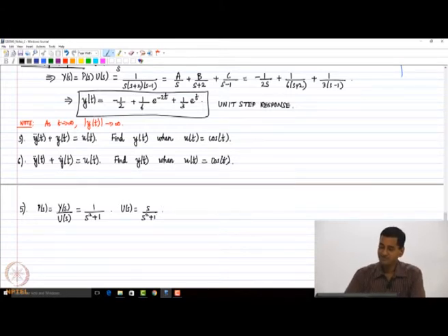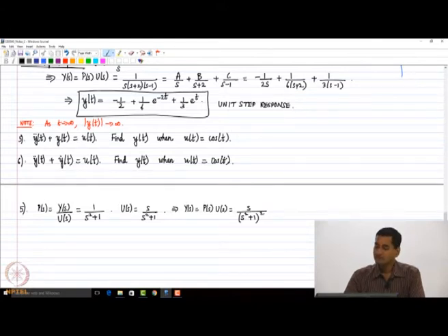So y of s, which is p of s times u of s, is equal to s divided by s squared plus 1, the whole square.